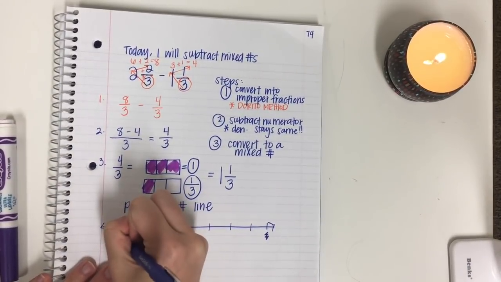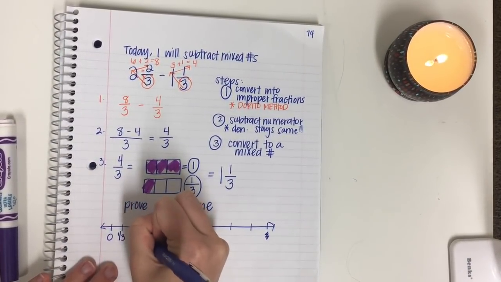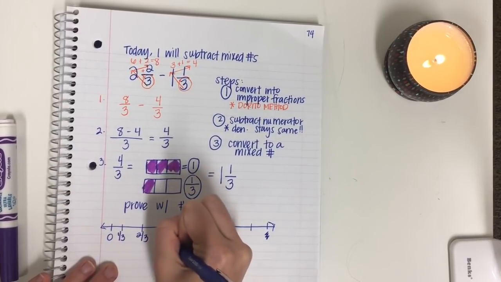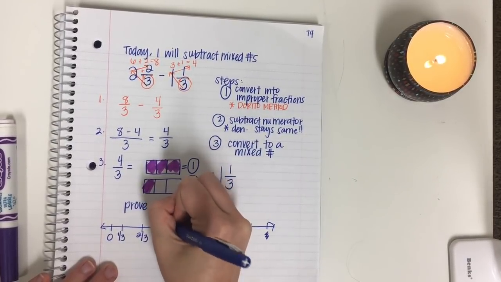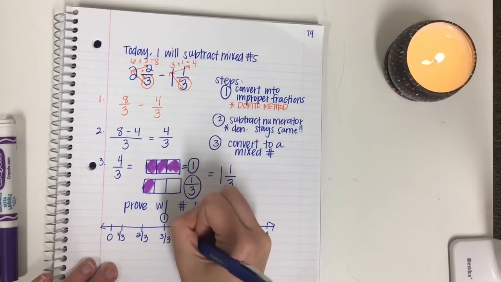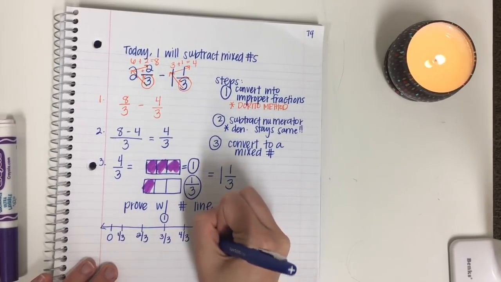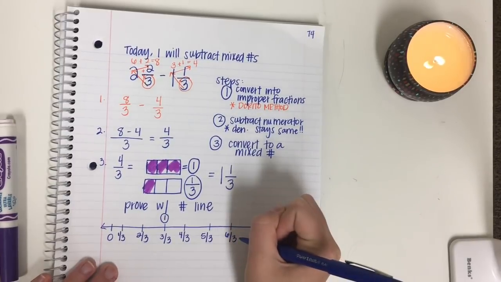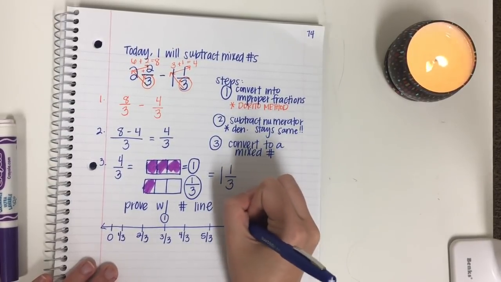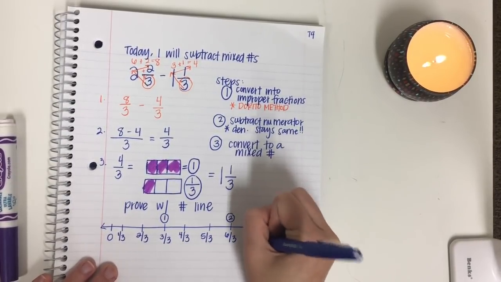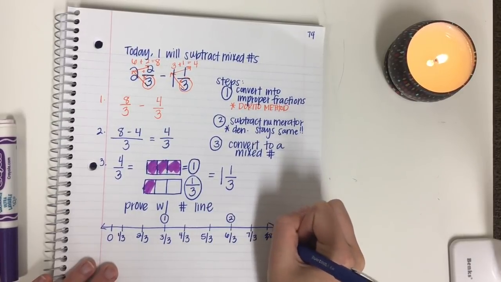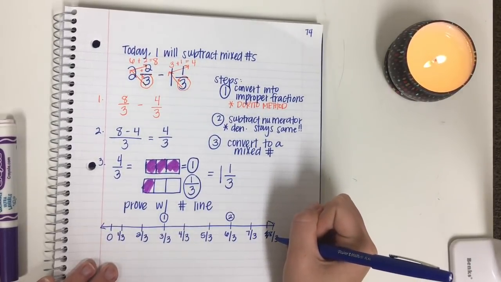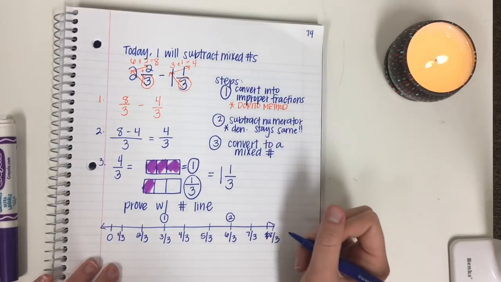So I have 1/3, 2/3, 3/3. Oh, here's my 1. 4/3, 5/3, 6/3. Oop, there's my 2. 7/3, 8/3. Okay.